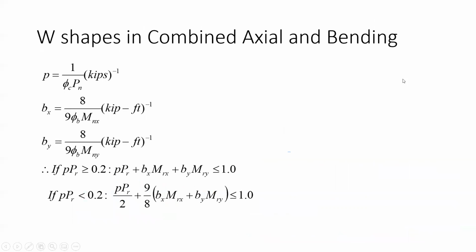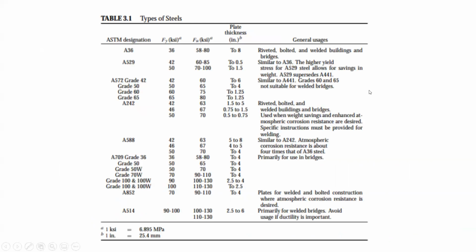And then these are more possible formulas that we might use depende sa hinahanap sa problems natin. And then here is where we're getting the value of Fy, Fu, and the thickness. Ayan. So, pag sinabing A36 steel, kaya tayo gumagamit ng Fy equal to 36 kasi equal siya sa 36 KSI.